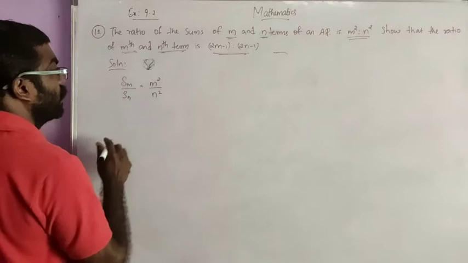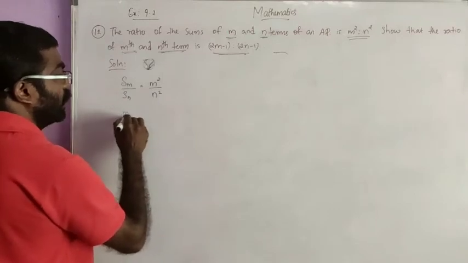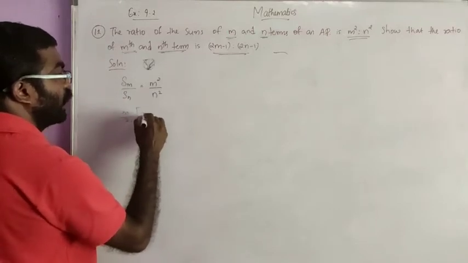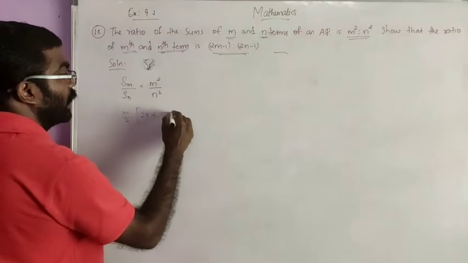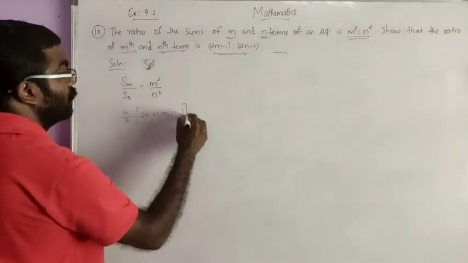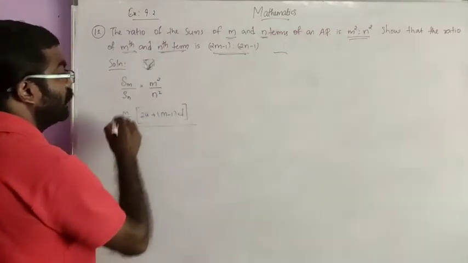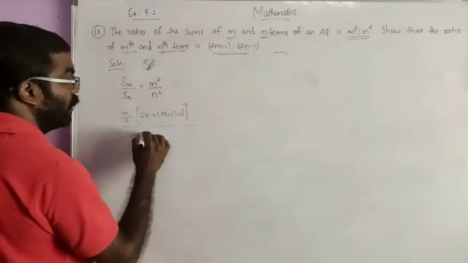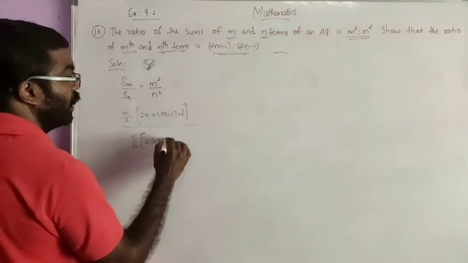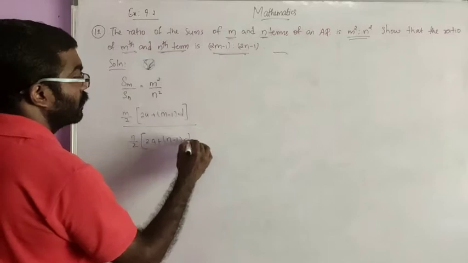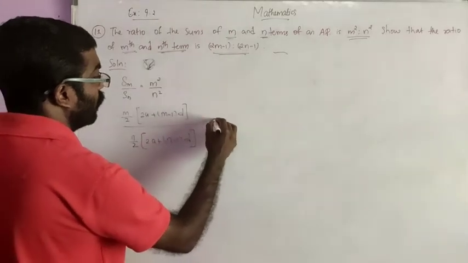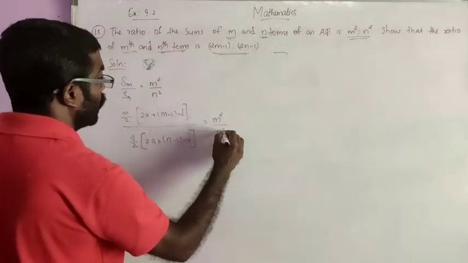So here we can use the formula Sm, m by 2 into 2a plus m minus 1 into d, divided by Sn, n by 2 into 2a plus n minus 1 into d, which is equal to m square by n square.